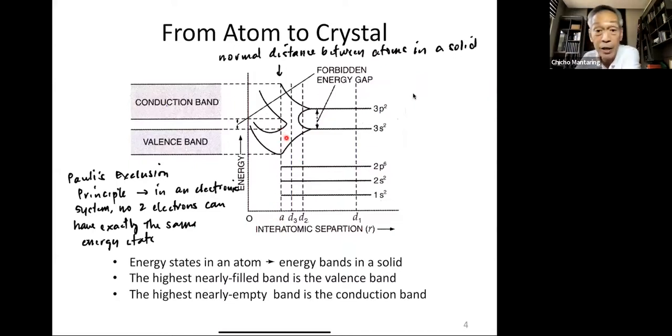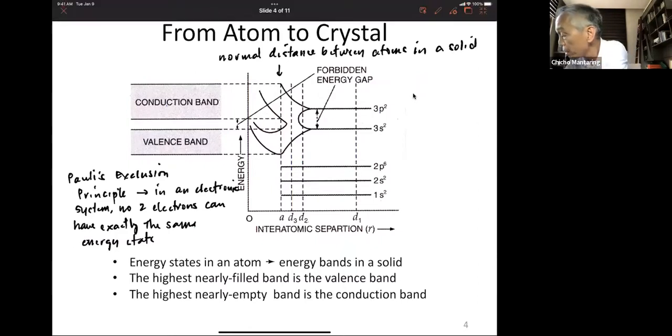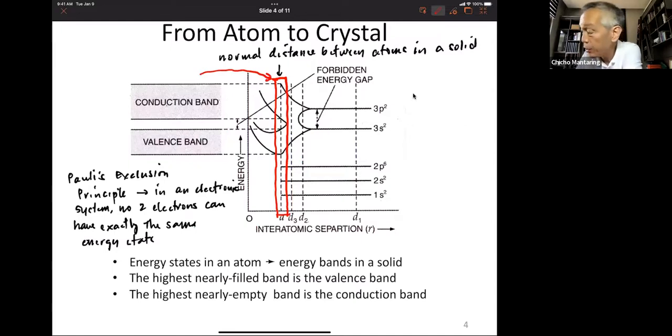If you take a look at the energy level at the outermost shell, it's going to look like this. We're interested in this. If you expand this, this is what you call your energy band diagram.